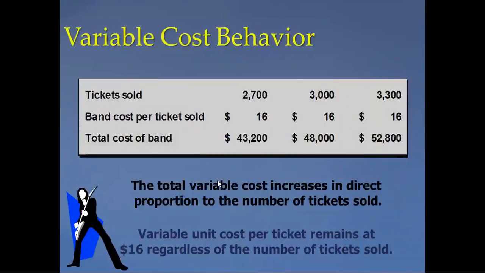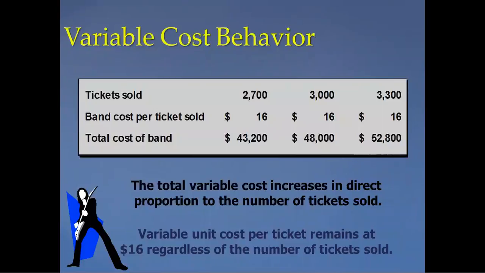Variable costs, on the other hand, are costs that increase or decrease in direct proportion to volume. So if the volume goes up, the cost goes up. If the volume goes down, the cost goes down.